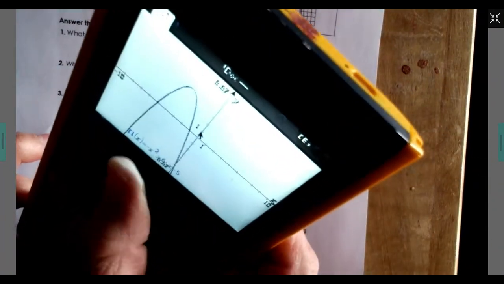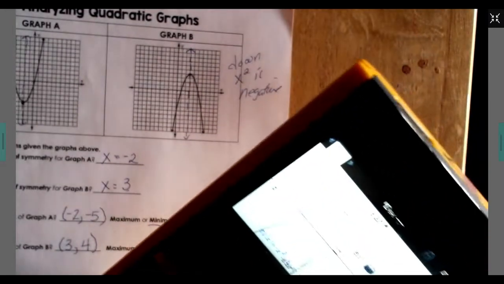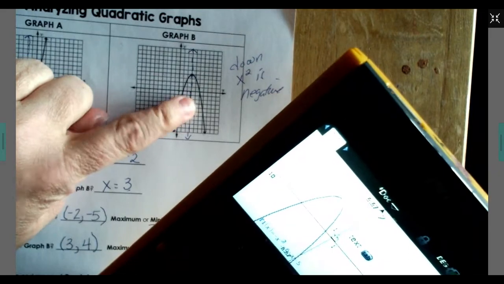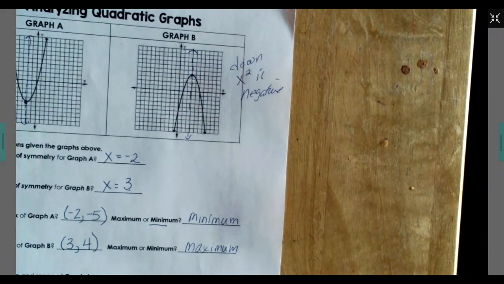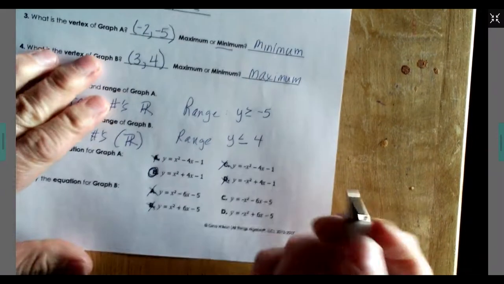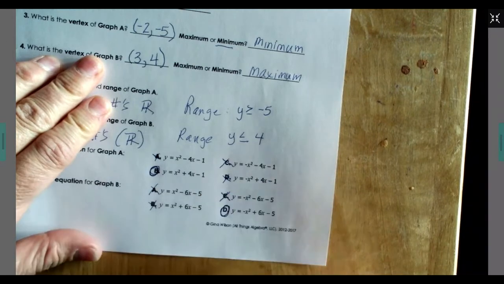Now this time it's going to the left of the x-axis, but if we look here, we're going to the right of the x-axis, so they're the opposite of each other. So that means that what we typed in, C, cannot be the answer, so D has to be.